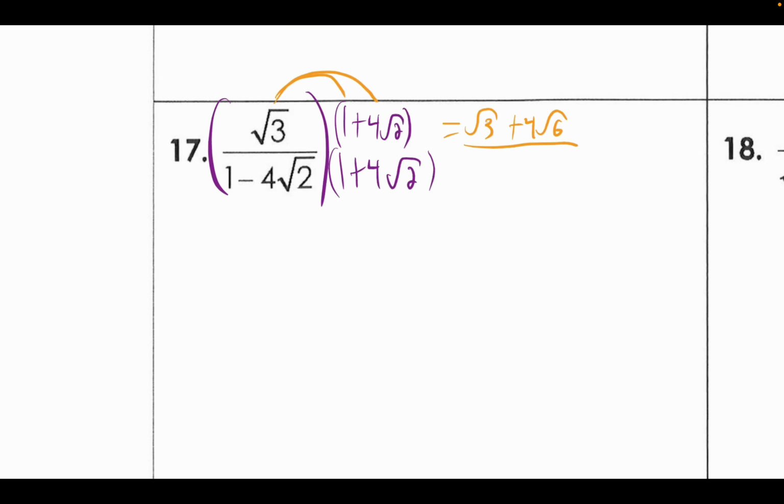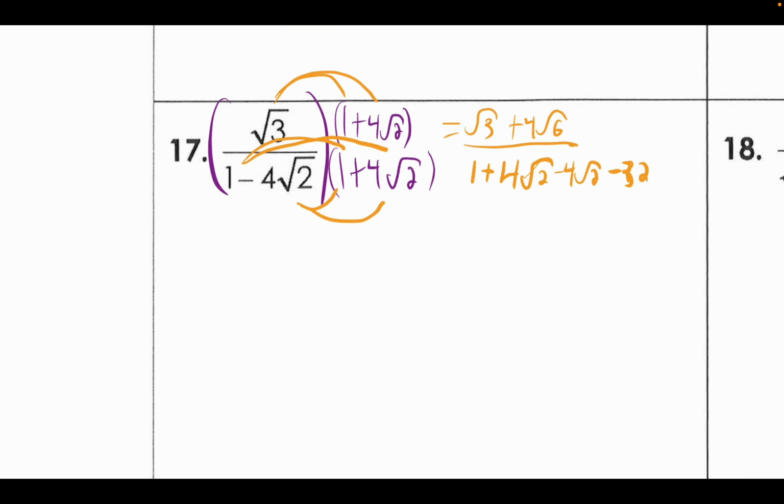That doesn't simplify. If it did, we'd have to. In the denominator, 1 times 1 is 1. 1 times 4 square root 2 is 4 square root 2. Negative 4 square root 2 times 1 is negative 4 square root 2. And negative 4 square root 2 times 4 square root 2. Negative 4 times 4 is negative 16. And square root 2 times square root 2 is 2. So that is negative 32.